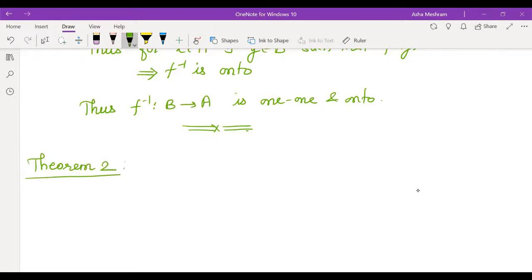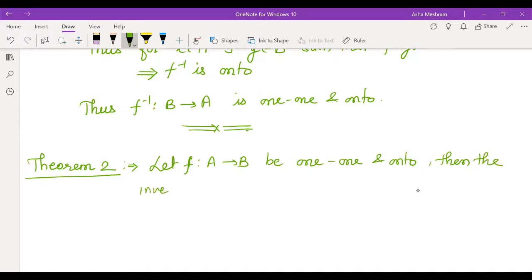Let f mapping from A to B be 1-1 and onto, then the inverse mapping of f is unique.